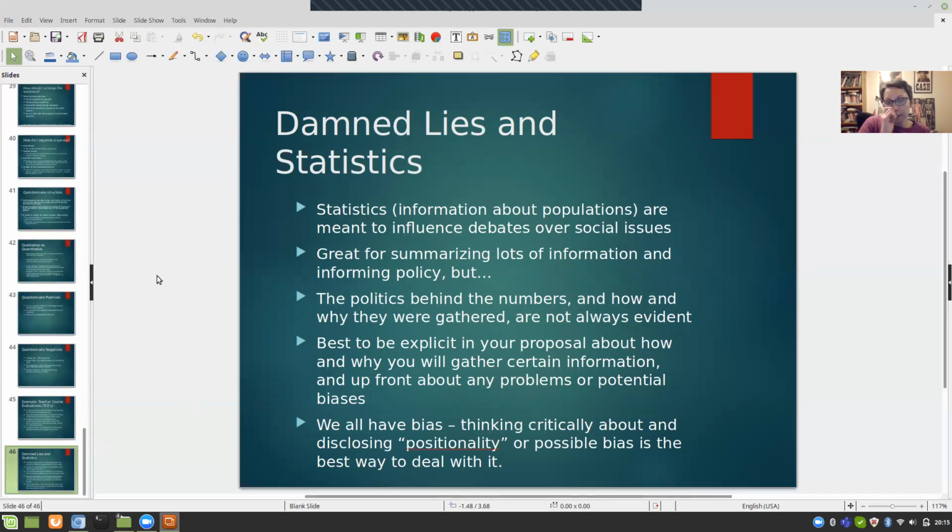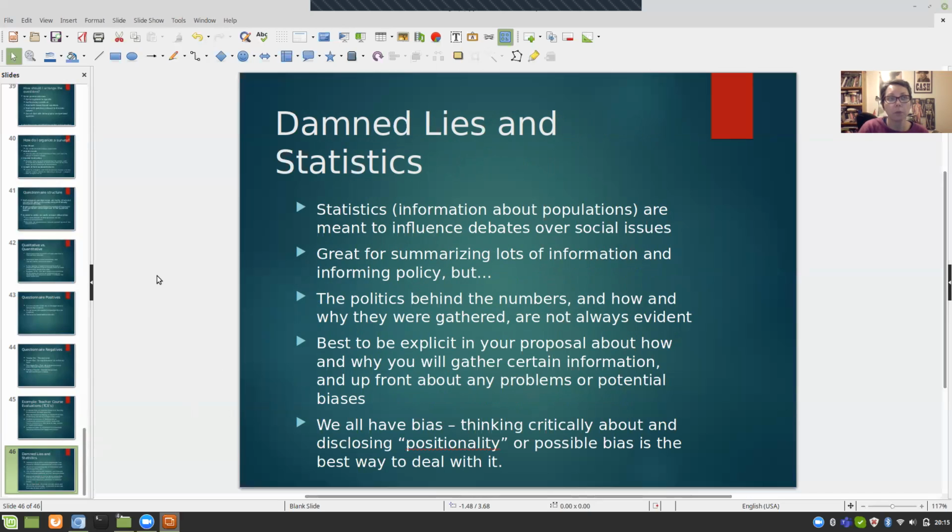And this kind of gets into a chapter that we read earlier in the semester. Hopefully you had a chance to read it. It's just the beginning of this book, Damned Lies and Statistics. And it's really great. It gives us a lot more context for how statistics are gathered and all the different ways they can be used.